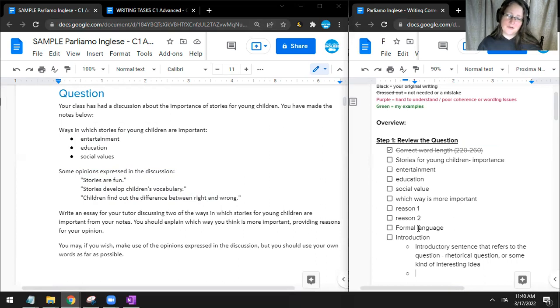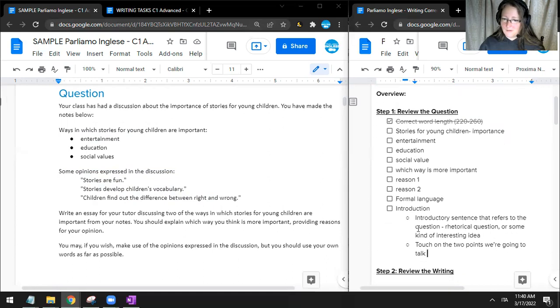And then our introduction should also touch on the 2 points we're going to talk about. And so that's kind of important. We want to make sure that the examiner knows exactly what's coming. And on that note as well, I like to say what the opinion is right up front.